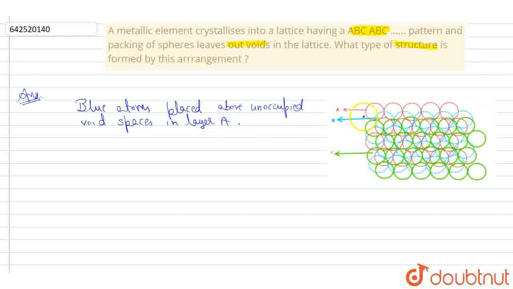As you can see from the diagram given below, the blue atoms are placed above the unoccupied void spaces in the layer A, this one.